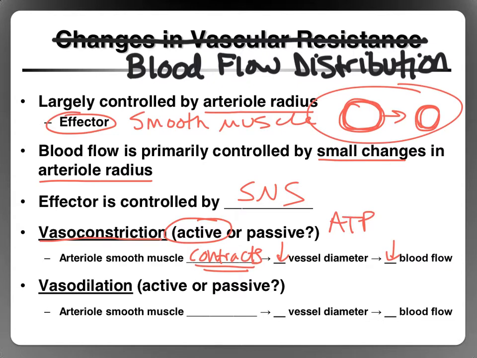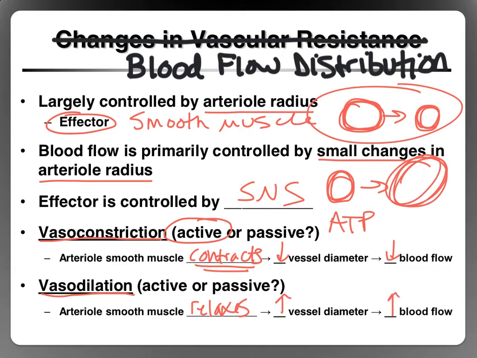On the other hand, we have vasodilation. And with vasodilation, what happens is the smooth muscle relaxes. And when the smooth muscle relaxes, the diameter gets bigger. And therefore, more blood flow is going to go through that arteriole. And therefore, whatever part of the body is receiving flow from that arteriole is going to get more blood flow.